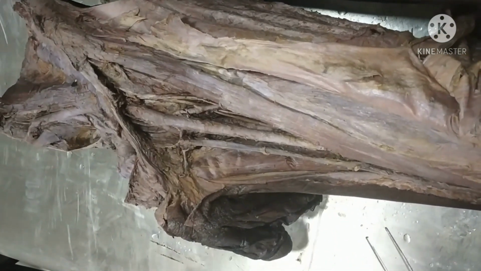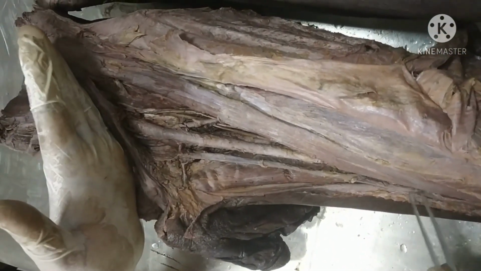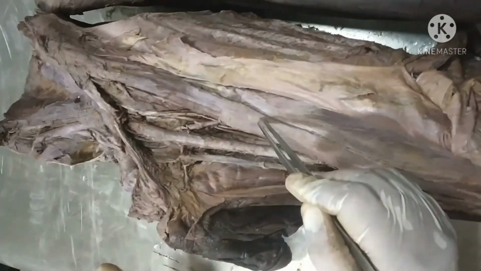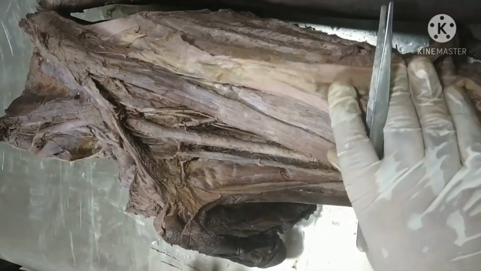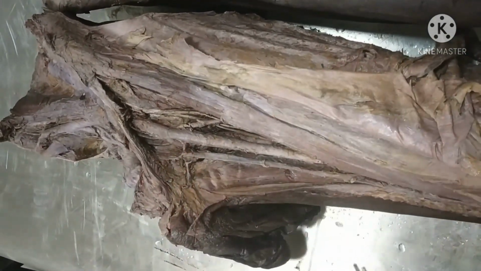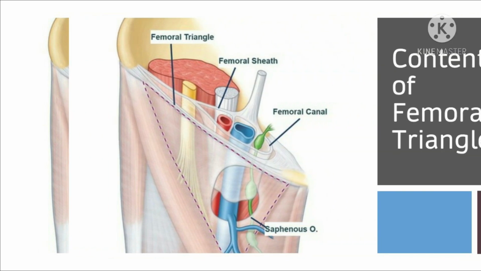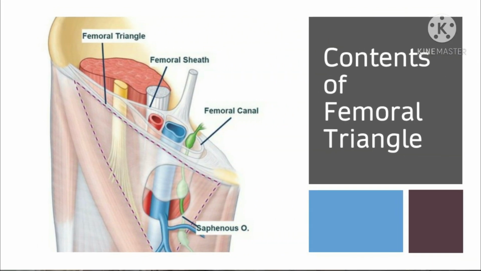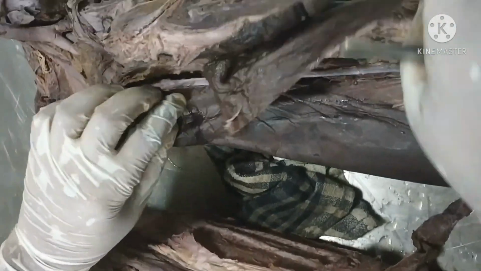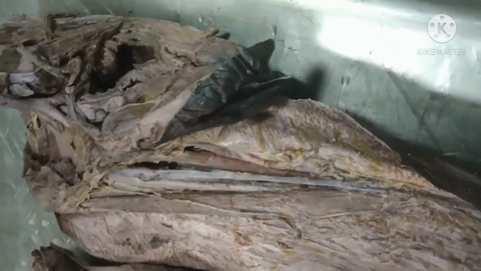So now you know your base, apex, medial boundary and lateral boundary, your roof and floor. Now the contents of your femoral triangle. This region is called the femoral region, and the triangle is the femoral triangle.